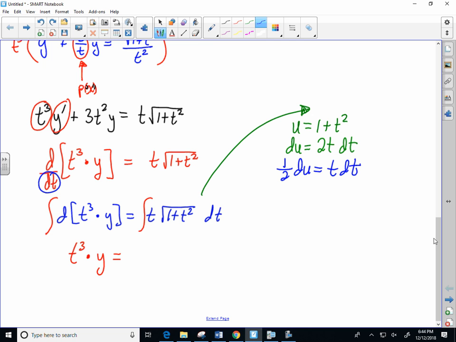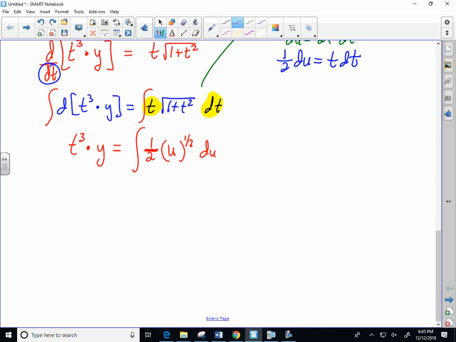All right, so now I can pull out the t dt, replace that with just a 1/2 du. Instead of having the radical funny business here, I have radical u. But I'm going to write that as u to the 1/2. And slap my integral symbol around it. It's an indefinite integral, so I don't have to worry about bounds or anything like that. All right, increase the exponent by 1. Divide by the new exponent, which is the same as multiplying by 2/3.